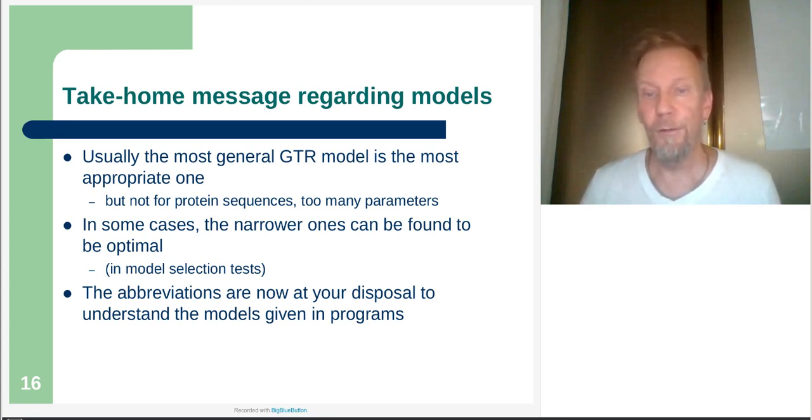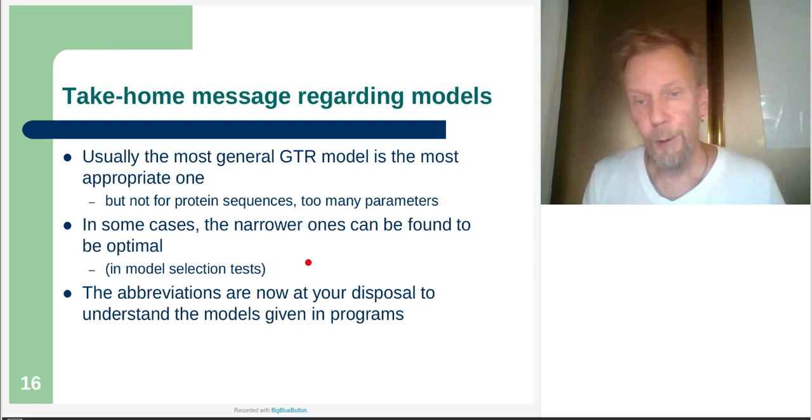It is overfitting a model which is too complex to the amount of data we have. And so for proteins, nobody is considering the GTR model, but we have a couple of simpler models to try, which we'll see in MEGA.